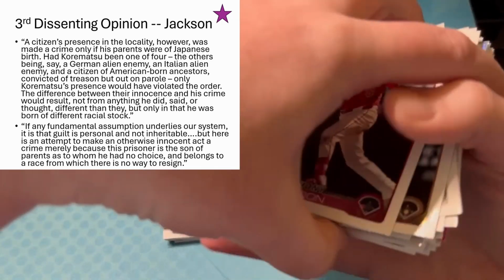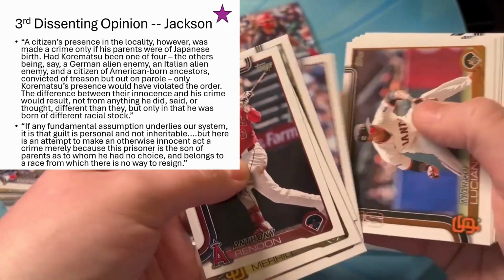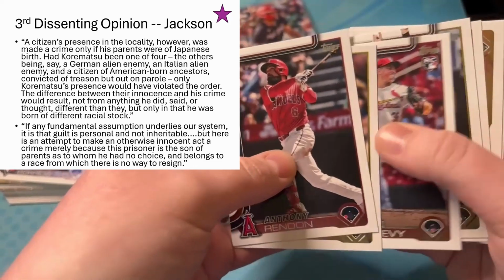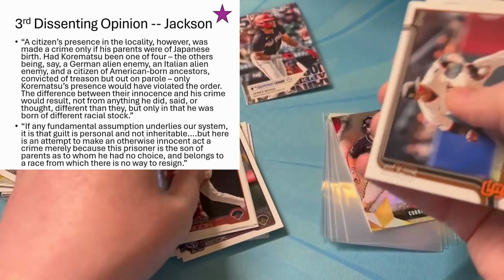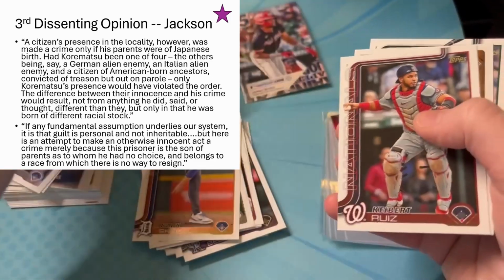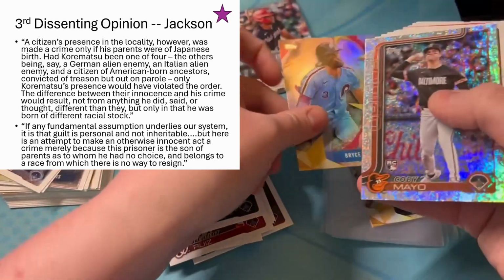The difference between their innocence and his crime would result not from anything he did, said, or thought different than they, but only that he was born of a different racial stock. If any fundamental assumption underlies our system, it is that guilt is personal and not inheritable.